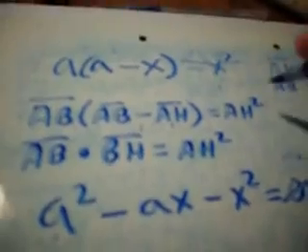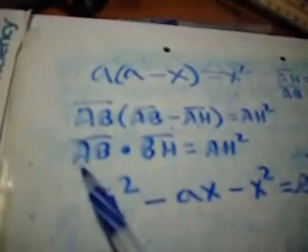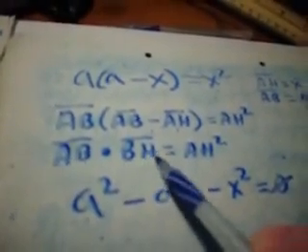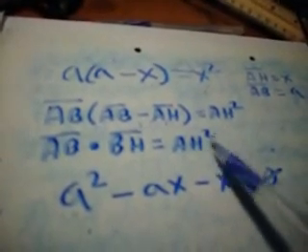Okay? This is the length of AH squared. Now, if you take AB times BH, which BH is the length of AB minus AH, okay? AB times BH, you will get AH squared.